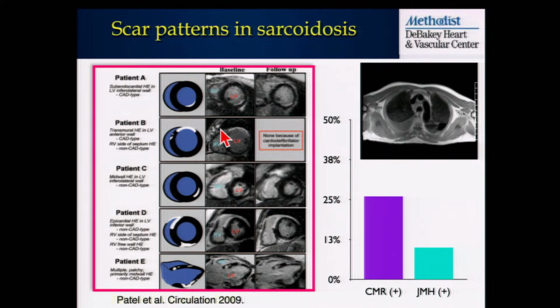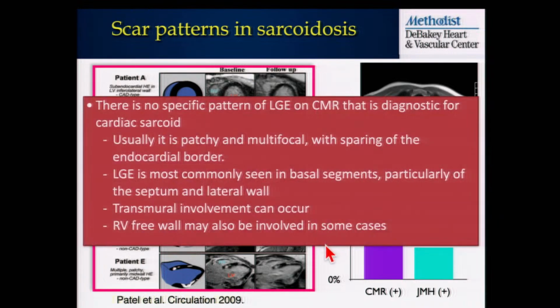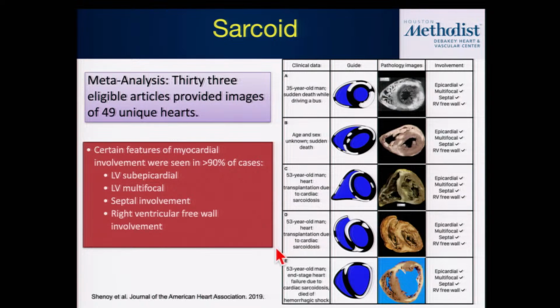But interestingly, there were also a variety of different patterns of enhancement: subendocardial, transmural, mid-myocardial, oftentimes affecting the right ventricle as well, and sometimes a multifocal patchy distribution. And then this was a more recent study from a few years ago, which identified these exact same abnormalities, but actually looking at histopathology.